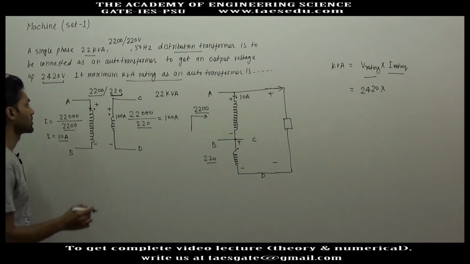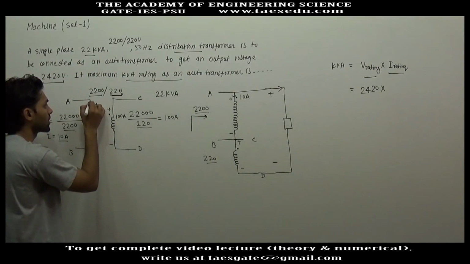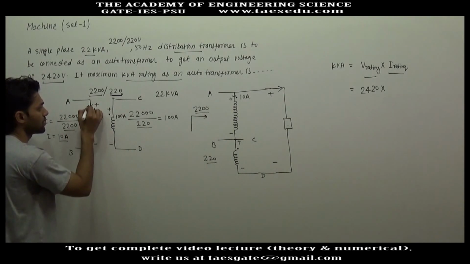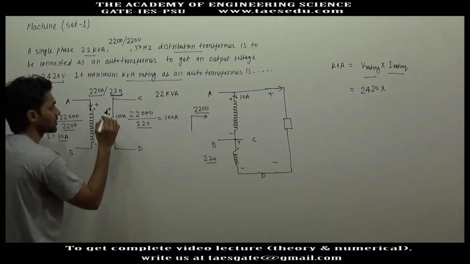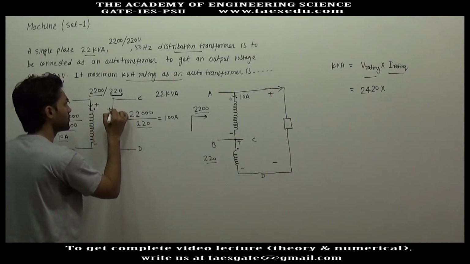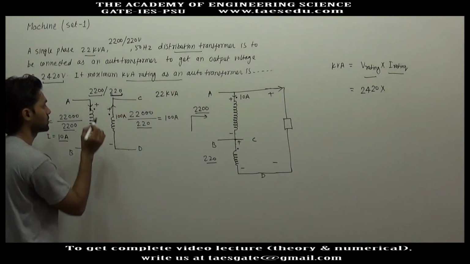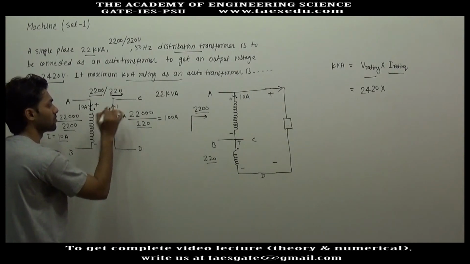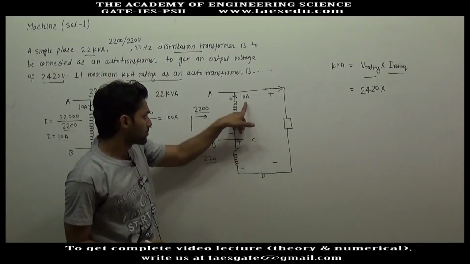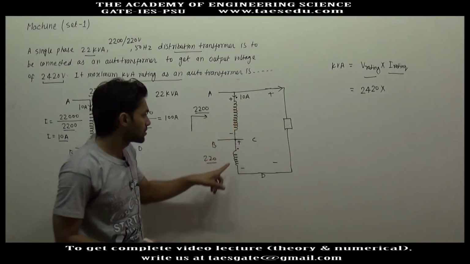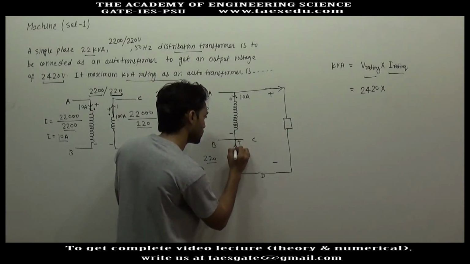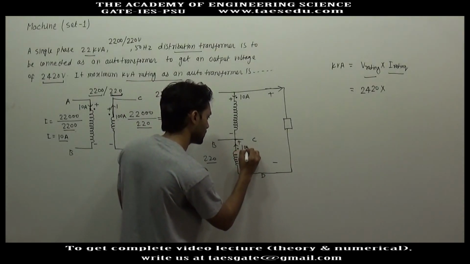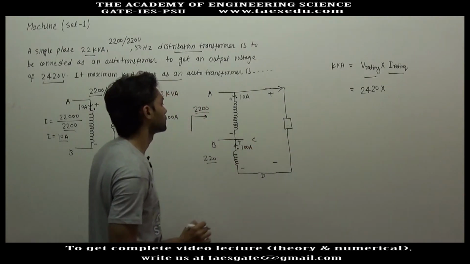According to dot convention, if a current is entering the first dot, in the secondary winding the current will leave from the dot. So if 10 ampere is entering here, 100 ampere will leave from this dot. In the low voltage winding, 100 ampere will leave towards the load.